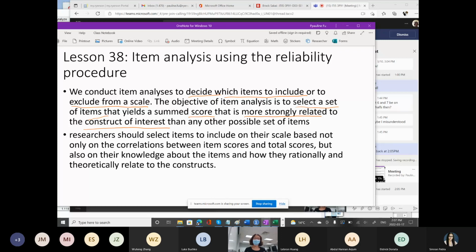When we do item analysis, your decision about which items to include is not only based on correlations between the items and the total scores, but also based on your knowledge about the items themselves and how they rationally and theoretically relate to the constructs.